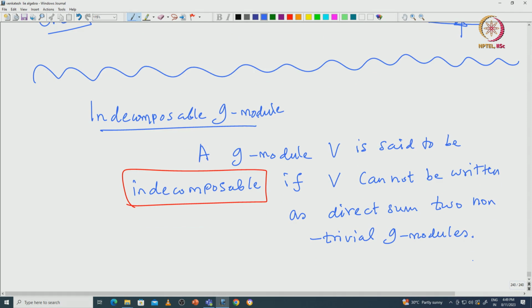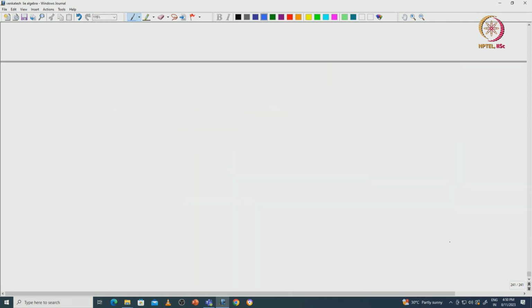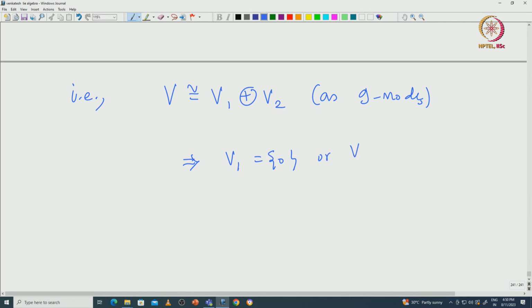If you start with the 0 space, there is a trivial action of G on it. If V cannot be written as a direct sum of two non-trivial G modules, then we call V indecomposable. What this means is, in case you write V as V1 direct sum V2 as G modules, that means it is isomorphic to V1 direct sum V2, then we should get either V1 is isomorphic to 0 or V2 is isomorphic to 0.